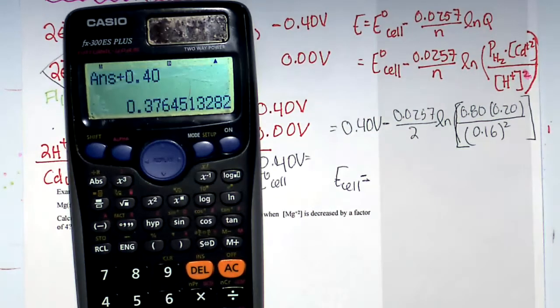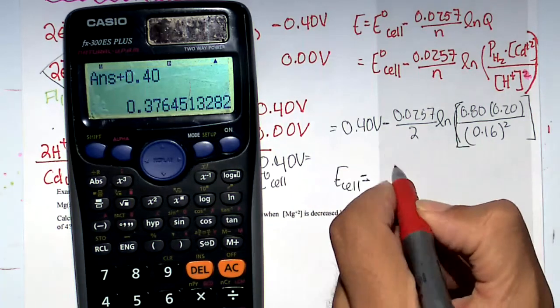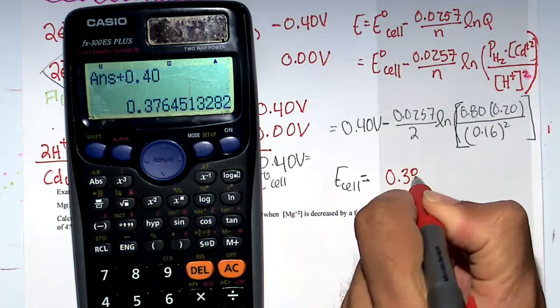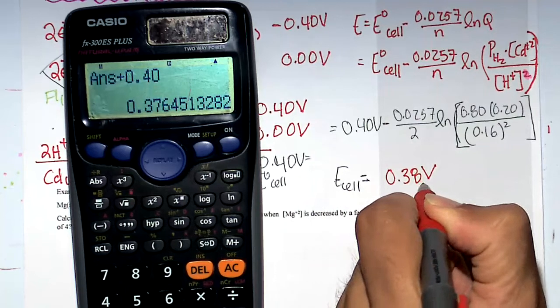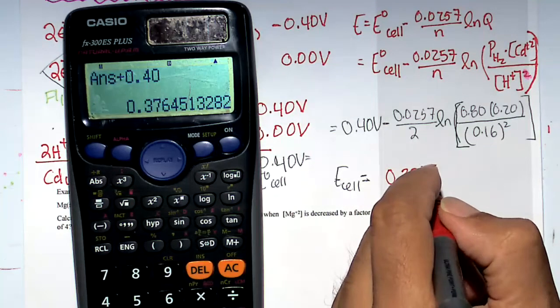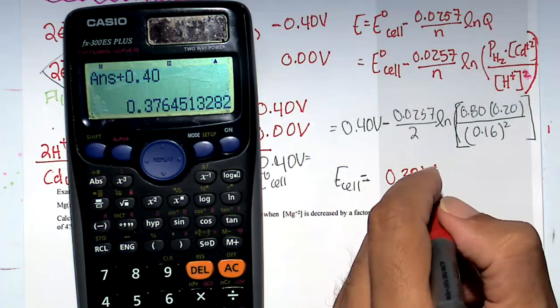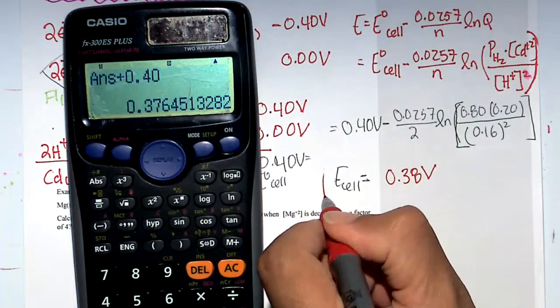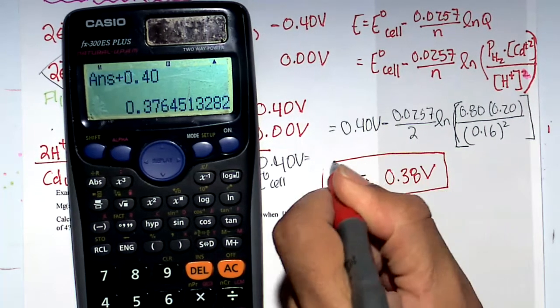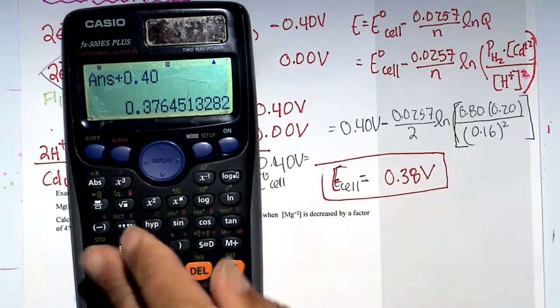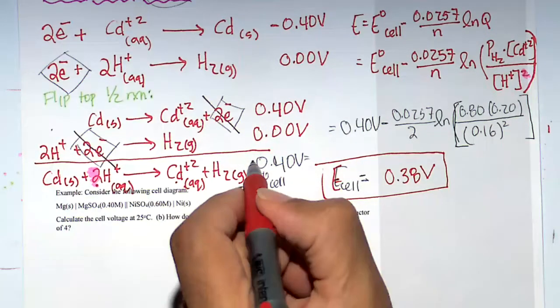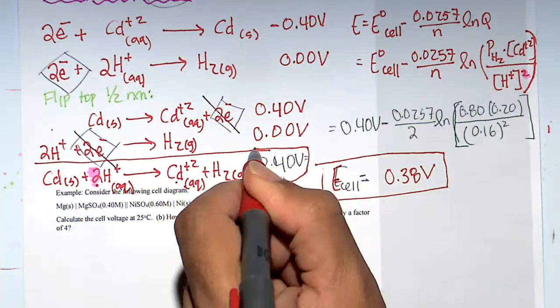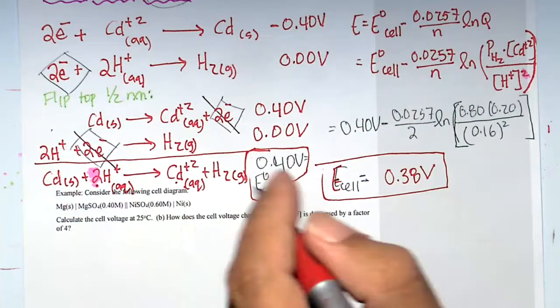All right, I don't hear any disagreements, so I'm just going to go with 0.38 volts. Don't forget the units of the E is going to be volts. Under standard state conditions, here is the galvanic cell voltage, 0.40.